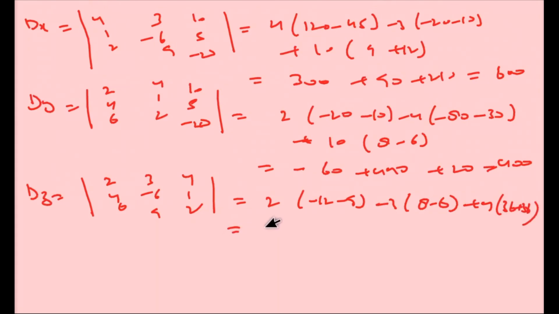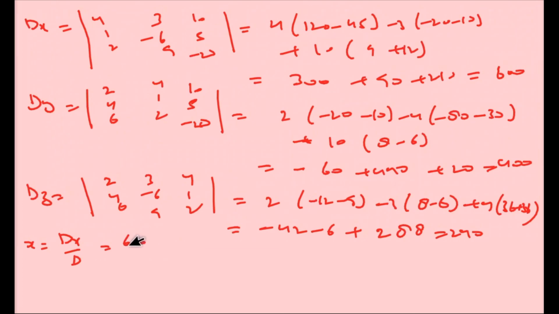Okay, now solving it we get minus 42 minus 6 plus 288, equal to 240.